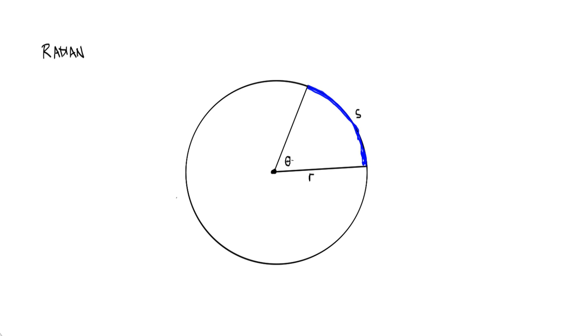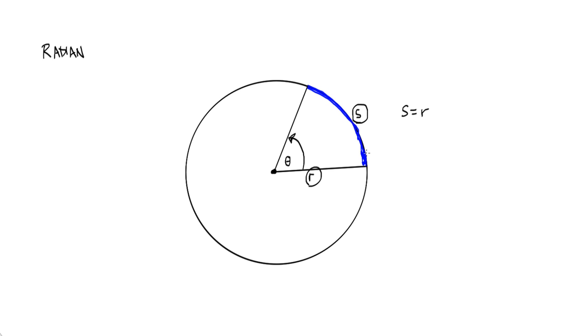A radian of angle measurement is the angle that we need in order for that arc that we intercept to be exactly the same as the radius. So when these two lengths are the same, this angle that we have to move in order to get those two the same is a radian of measurement.